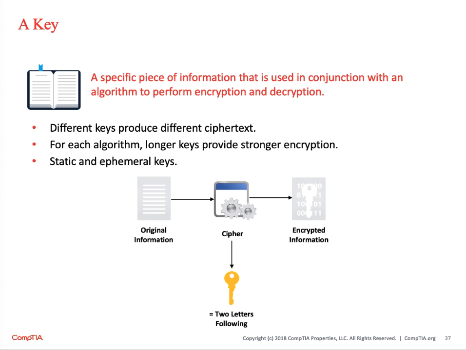So without the correct key, a receiver cannot decrypt the ciphertext even if they know the algorithm, right? So for any given encryption algorithm, the longer the key is, the stronger the encryption is going to be, right? And then we have something called static keys and ephemeral keys. Static meaning the key never changes, ephemeral meaning it changes. It goes away, you get a new one, right?